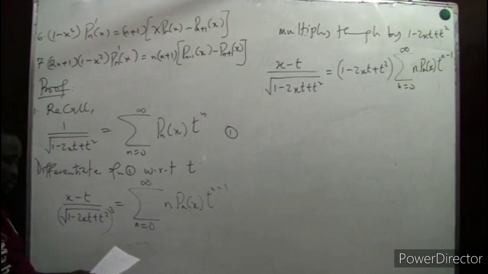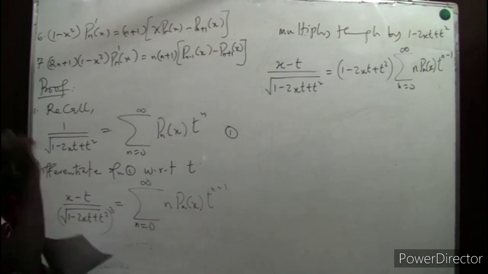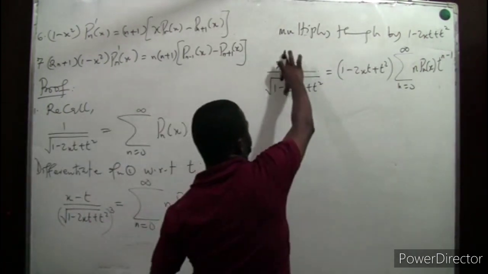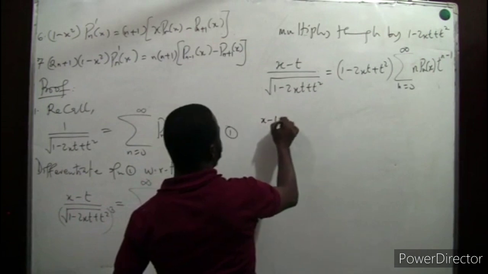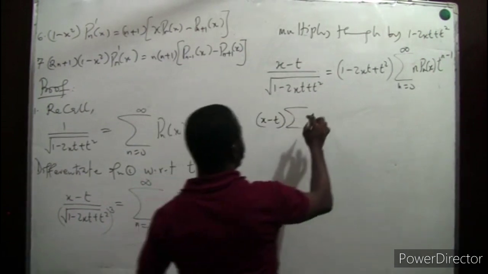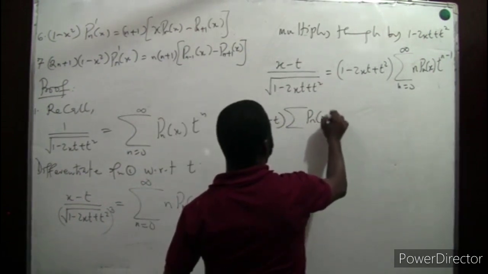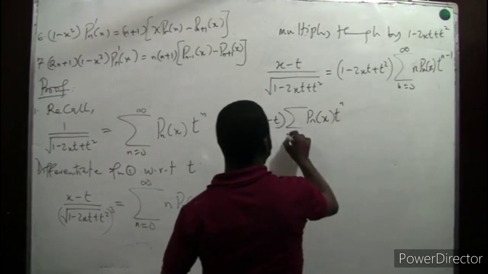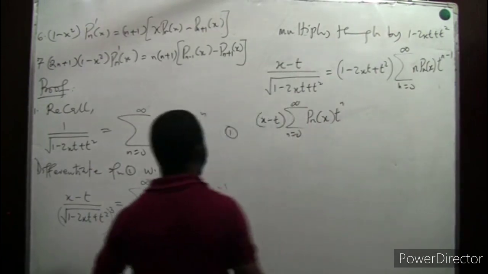So what next? We try as much as possible to expand the bracket. But before that expansion, I can write the left hand side as x minus t times summation Pn of x t raised to power n from 0 to infinity. Why?